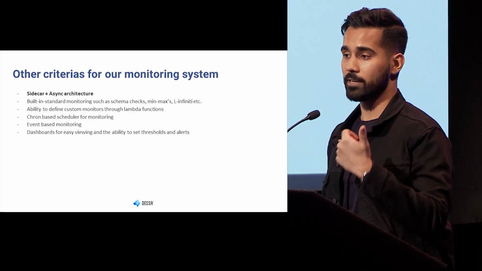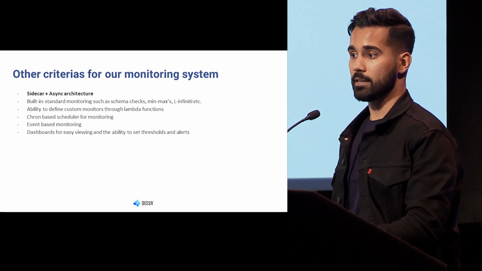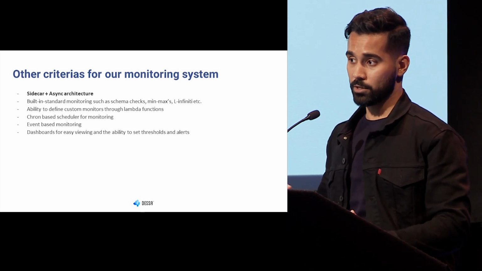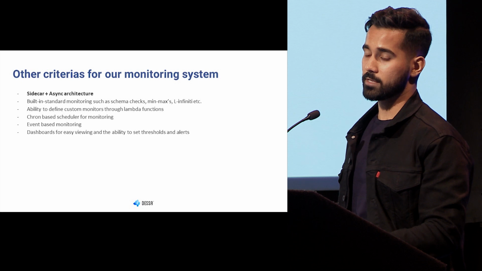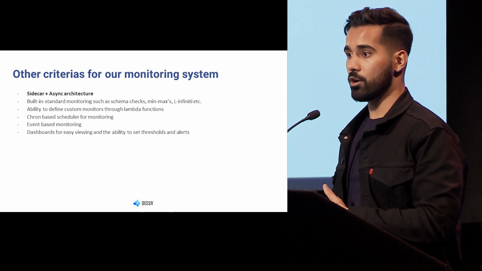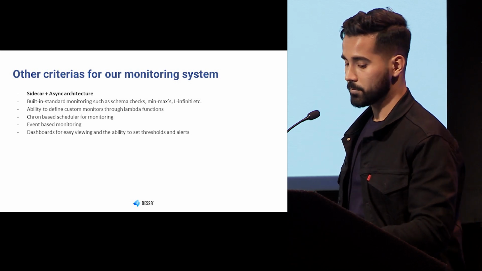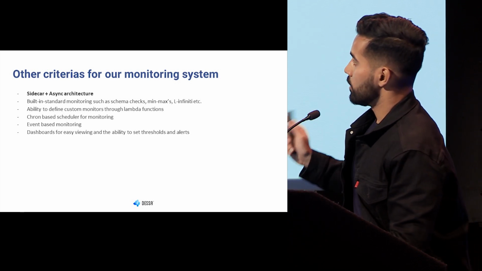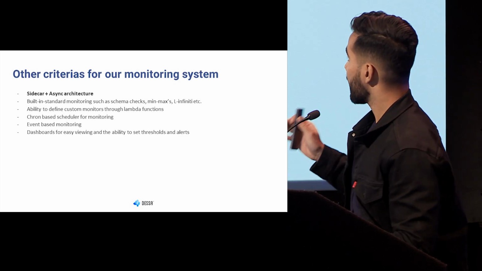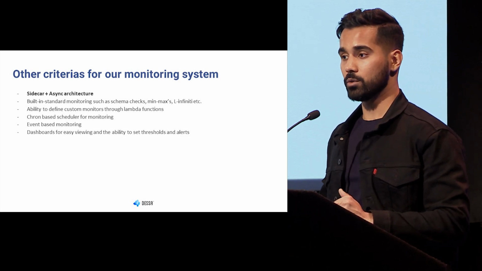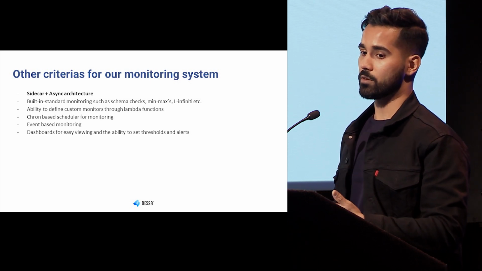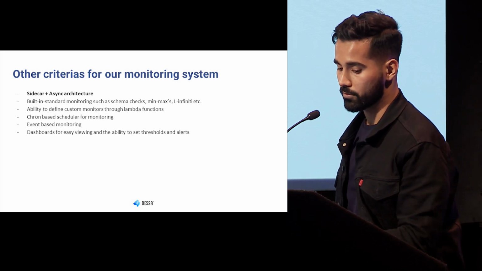Because, for example, if you have a Kafka system, you want to be able to say, hey, as soon as I'm consuming a particular topic, trigger this monitoring system. Or as soon as this data set is available, trigger the monitoring to make sure that it is conforming to it. Lastly, you need a way to view all of these things in a centralized place, and at the same time be able to set thresholds on them so that the code owners get notified of each one of them. So whoever the project owner of that is.